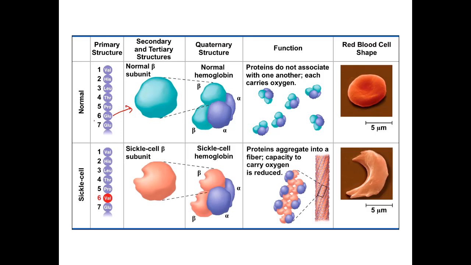However, the 6th amino acid is mutated due to the genetic changes where valine substitutes it, and this valine gives rise to a change in the tertiary structure of the protein, giving rise to a kink in it. This tertiary structure gives rise to a quaternary structure of the protein, and in decreased oxygen environments, it allows the sickled hemoglobin molecules to come close to each other.